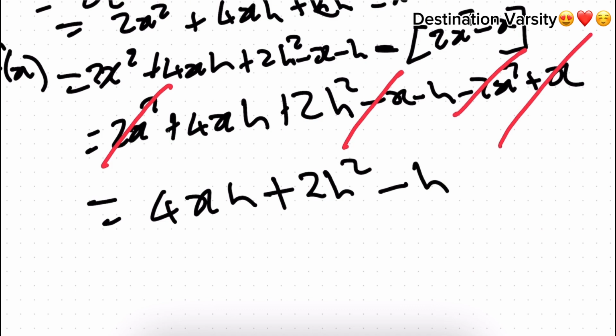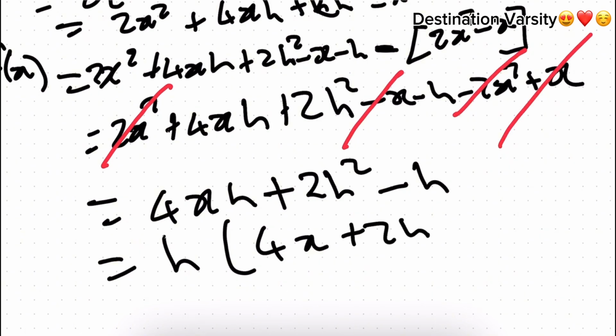Then you take your h as the subject of this. It will be h times 4x plus 2h minus 1, right? Okay, cool.